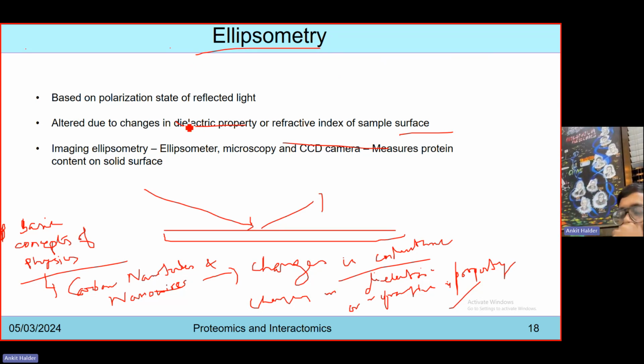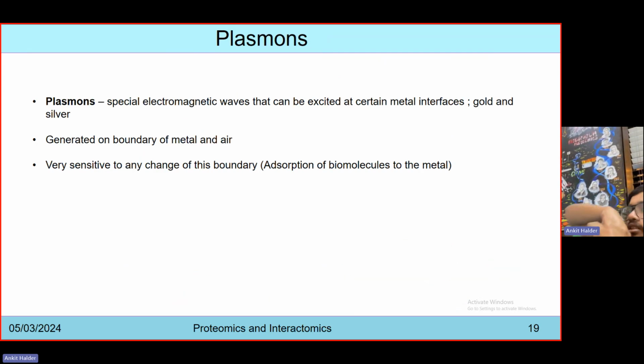And in the carbon nanotubes or nanowires, which are graphite sheets, you can measure the conductance change.